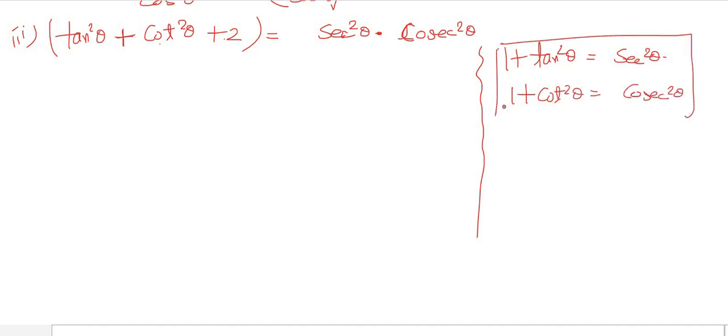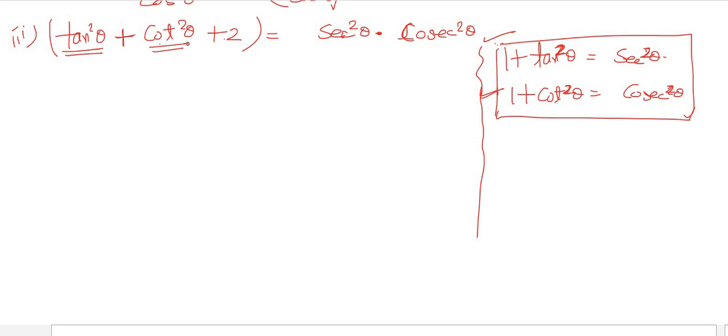Please write down these two formulas. In 90% of cases, whenever there is tan square or sec square or cot square or cosec square, the question is mostly solved with these two formulas. 90% of cases. Okay.